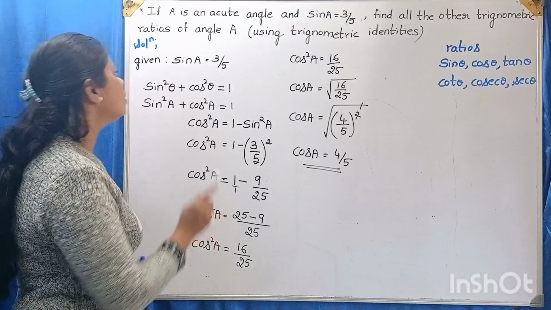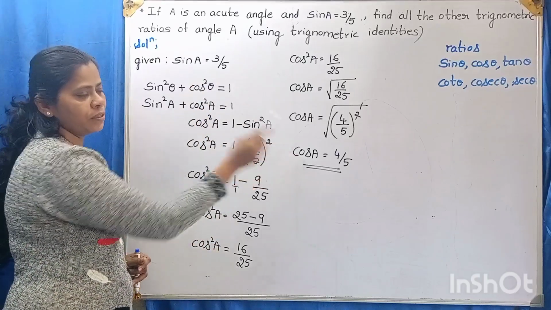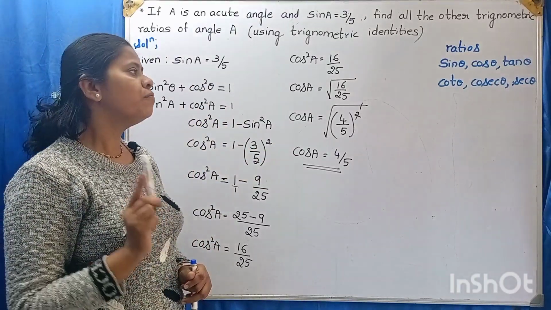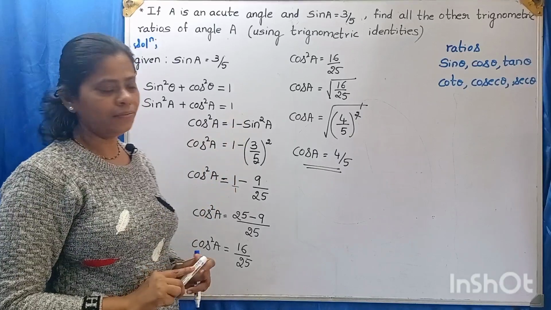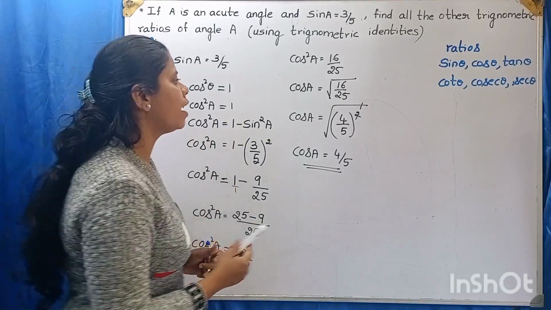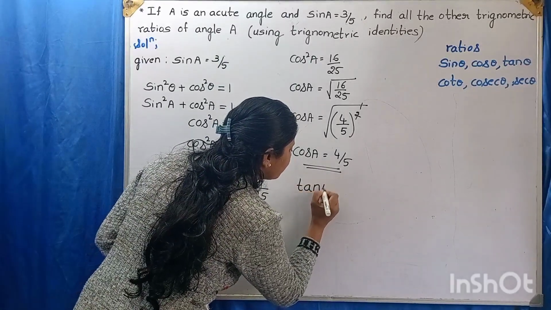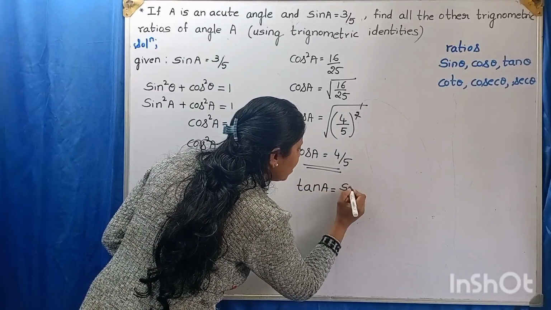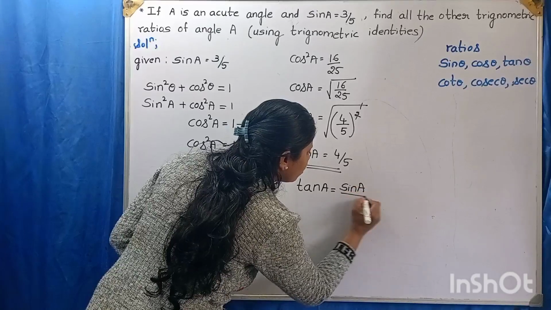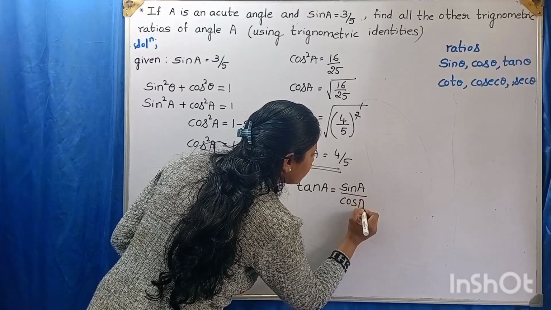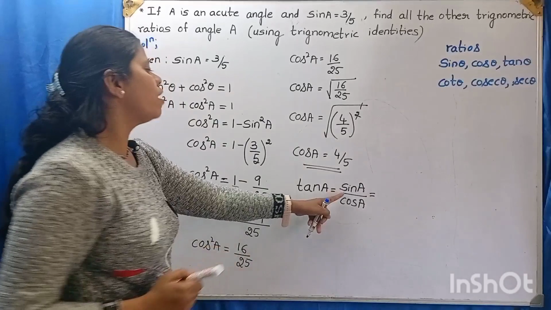Now, we know the value of cos A. By using sin A and cos A, we can find the value of tan A, right? Because we know that tan A is equal to sin A by cos A. What is the value of sin A?